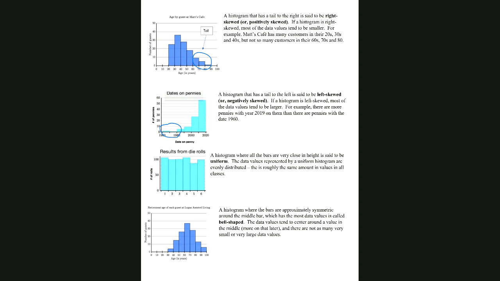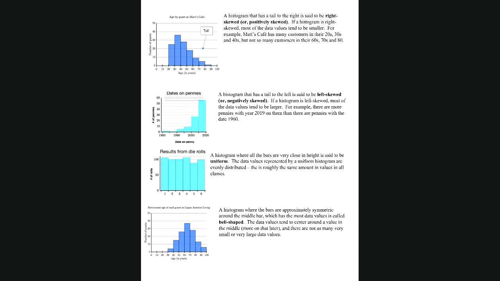This histogram doesn't really have a tail, does it? And this one has two tails, right? So if you have a histogram that has a tail to the right, that histogram is called right skewed or positively skewed, or skewed to the right.